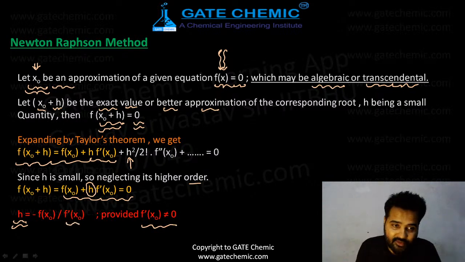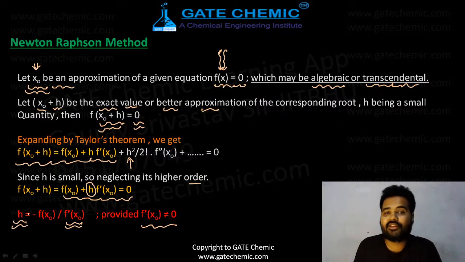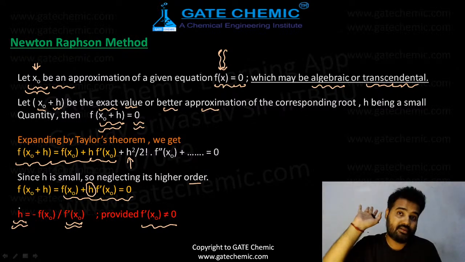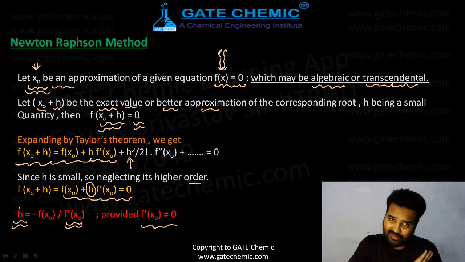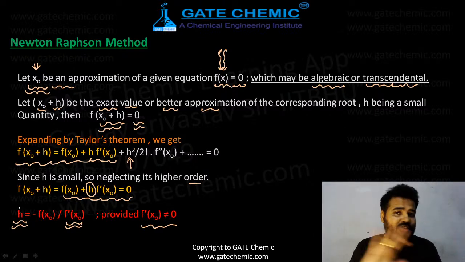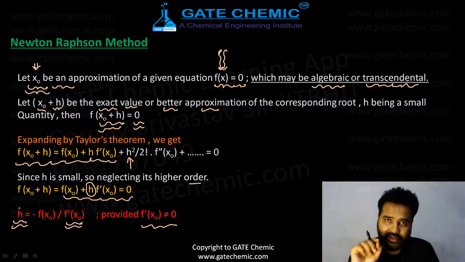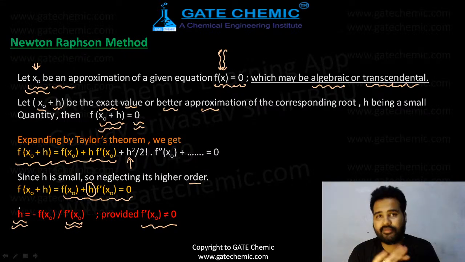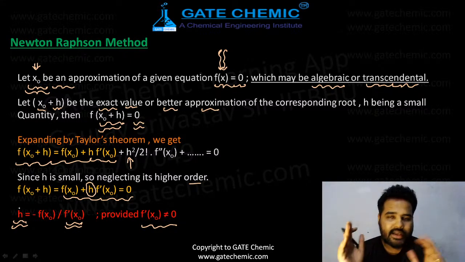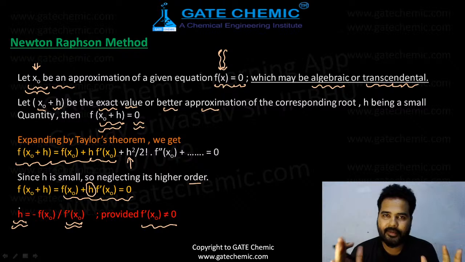If this denominator goes to 0, then h is infinite, minus infinite. Your error is infinite. That means this Newton-Raphson method failed. I will discuss the limitations of Newton-Raphson method at the end of this lecture. No need to worry.